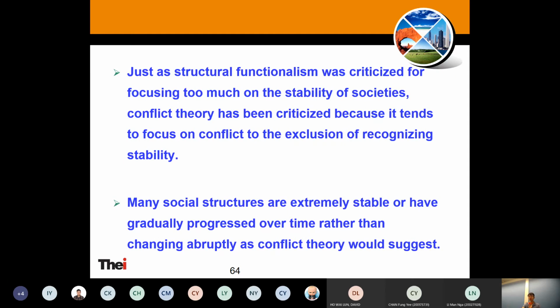Just as in the structural functional approach, when we talk about the practice of society, we should not just talk about social exclusion. We may also have to talk about social inclusion, which means that 100 years ago, we excluded Black people from the major society.